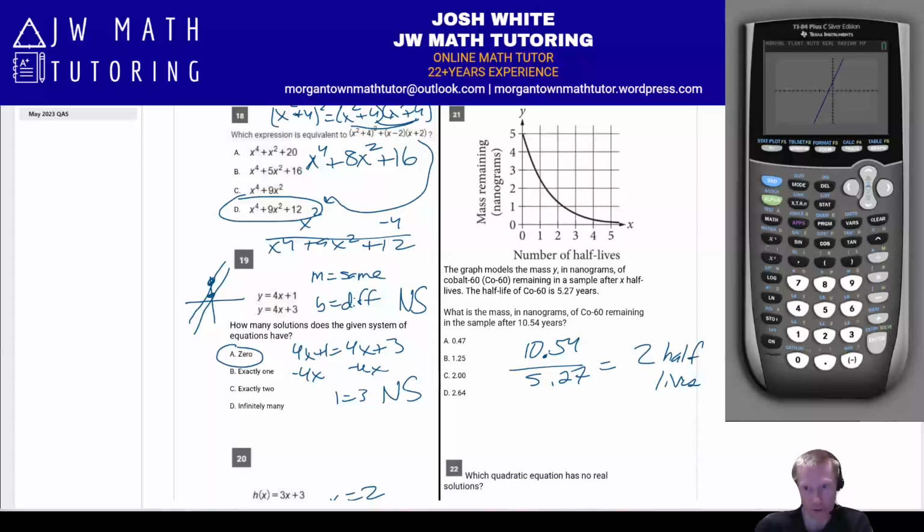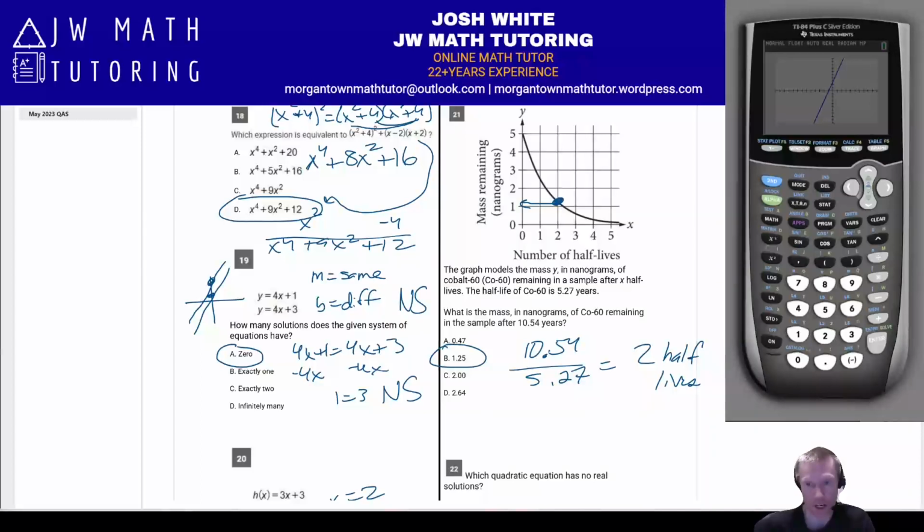So we go on the graph, we go to where 2 is. So, what's the mass remaining of this substance when x is equal to 2 half-lives? Well, it's like between 1 and 2, so the only possible answer choice is letter B, 1.25, and that's it.